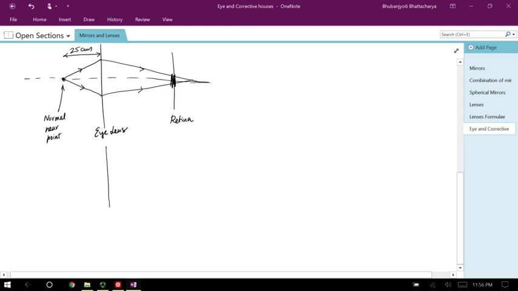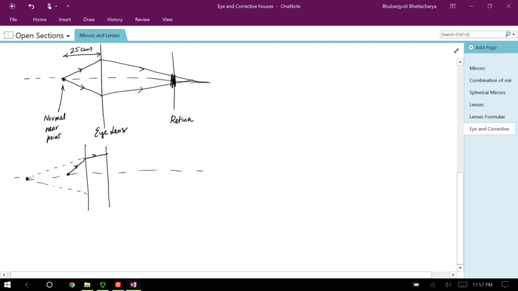Well, let's put eyeglasses in front of the eye lens, and we'll still put the object at the normal near point. So now what will happen is, if you remember, these kinds of lenses are actually converging lenses. So this will make the rays converge a little bit. Okay, so as if now these rays are coming from further away.